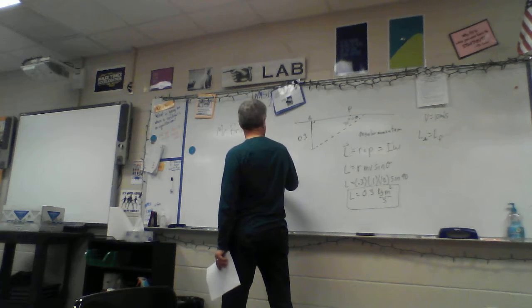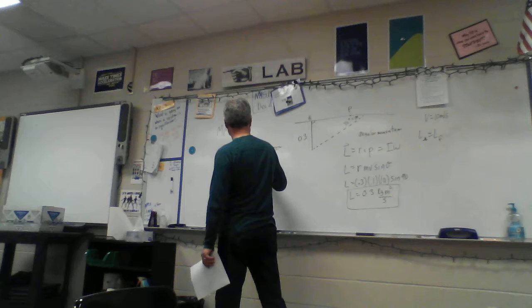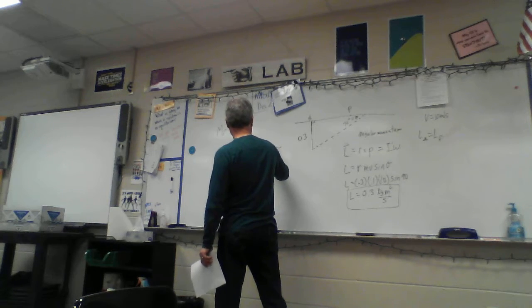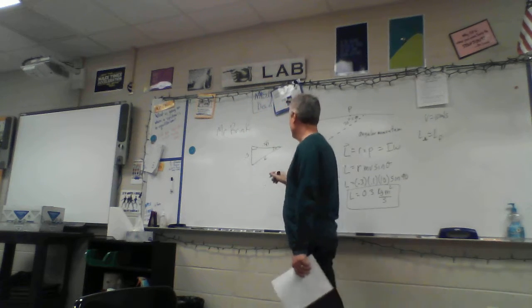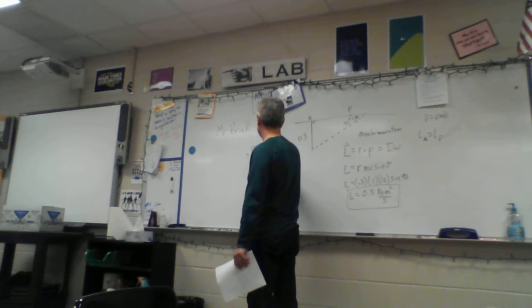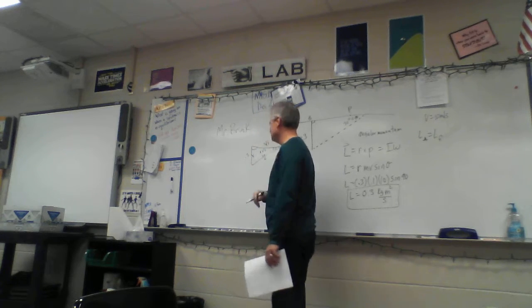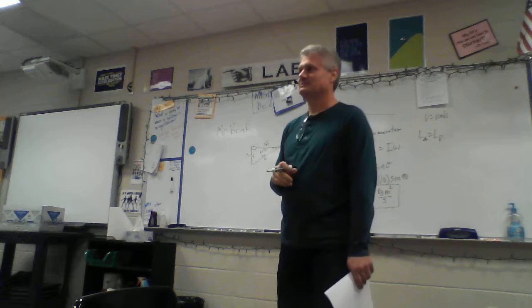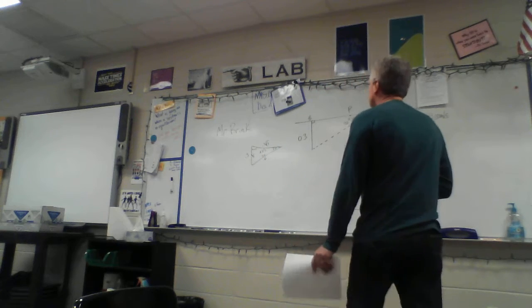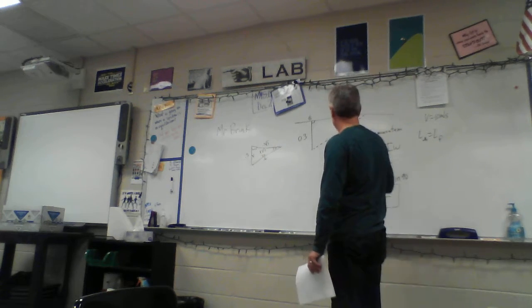Yeah, 0.6, because it's a 30, 60, 90, so if this is 0.3, this is 0.6, and this is 0.3 square roots of 3. That follows that pattern, x, x square roots of 3, and 2x that your geometry teacher should have taught you a long time ago. And if they didn't, that's okay. So this is 0.6, right?